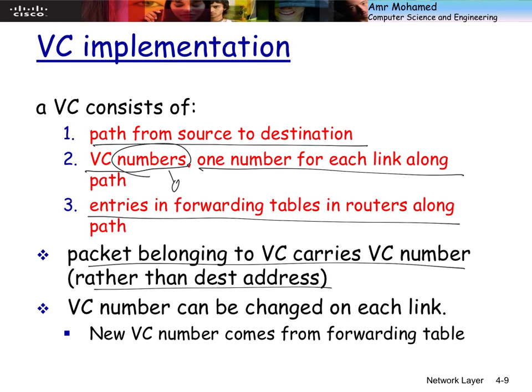So the identifier size can be relatively small in that case, rather than if we talk about global, where it has to be unique across the entire network, which means that it has to be very large. So instead we'll have different local virtual circuit identifiers for the same end-to-end virtual circuit, but each router decides on allocating the identifier locally.